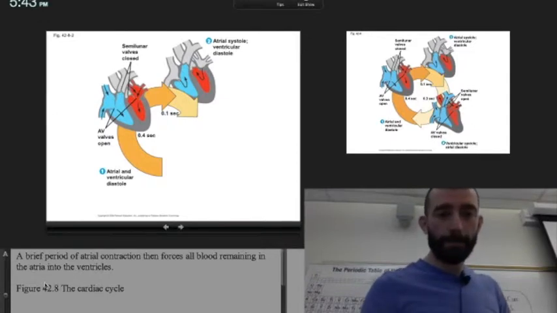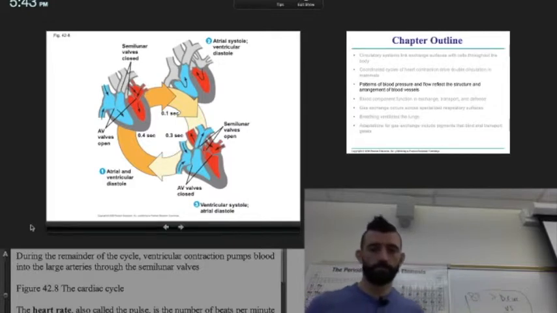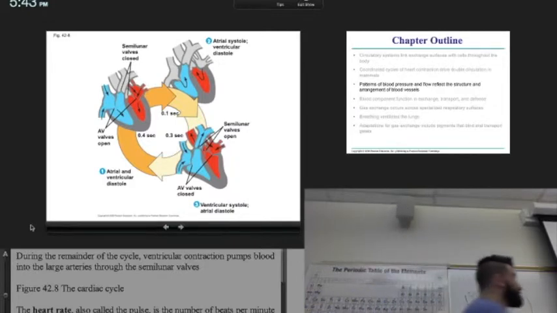Then we have ventricular contraction. Ventricular contraction is pumping blood either through the pulmonary artery or through the aorta, and blood is exiting the ventricles, going into the arteries, and the semilunar valve is preventing any backflow of that blood.